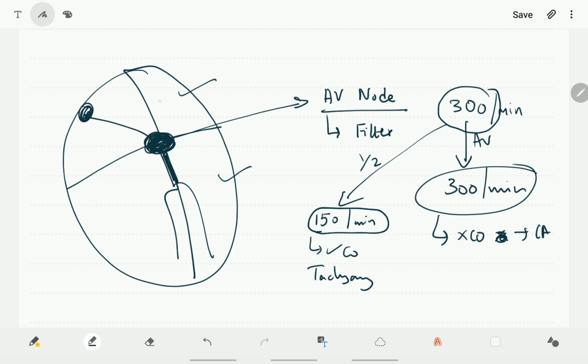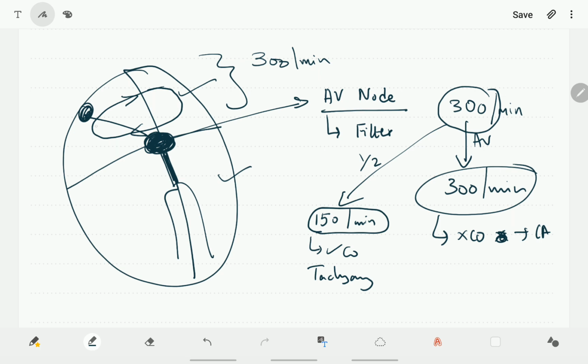So the normal dimensions and the properties of the atria are such that if a macro re-entry circuit develops in here, then the impulses that are generated in the atria are actually 300 per minute. This is because of the normal dimensions and the normal properties of the atria.